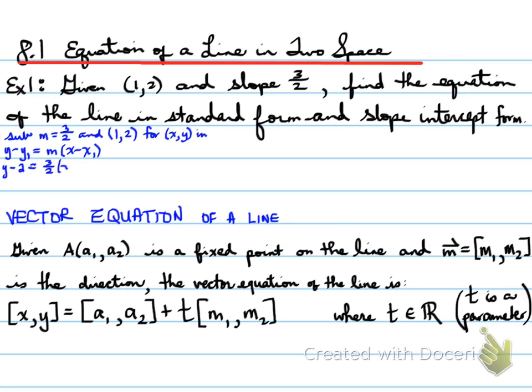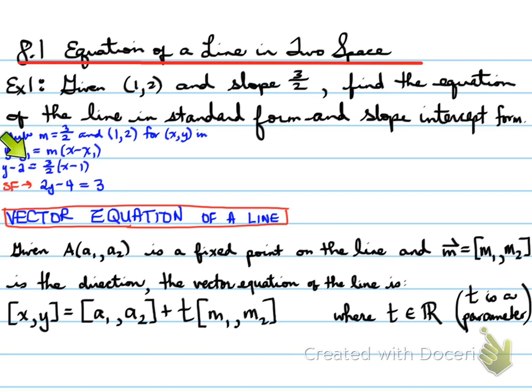So normally in grade 9, this is what we did, folks. We subbed in m equals 3/2 and (1, 2) for (x, y) into the equation. Now we use the grade 12 equation, y minus y1 equals m times (x minus x1), and plug in the point (x1, y1) and m.